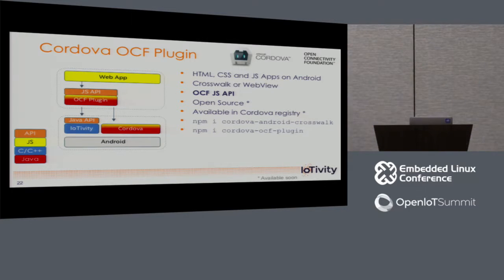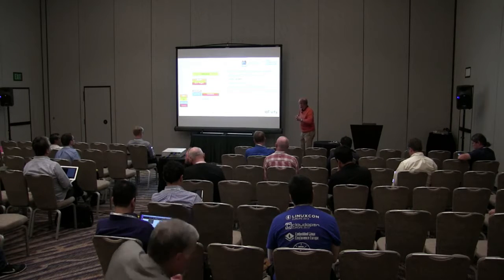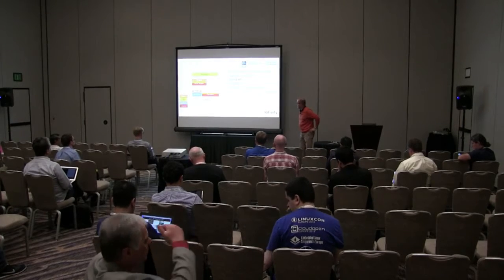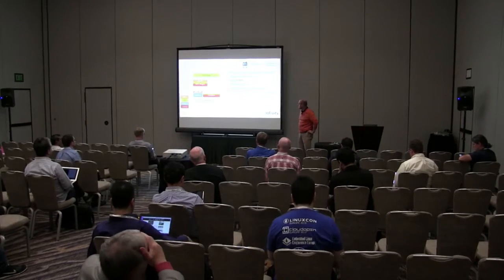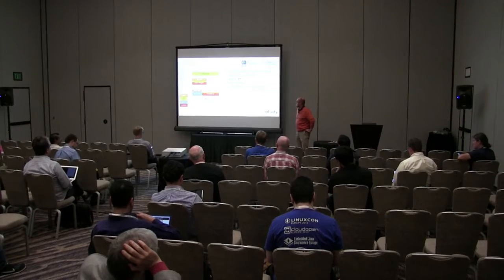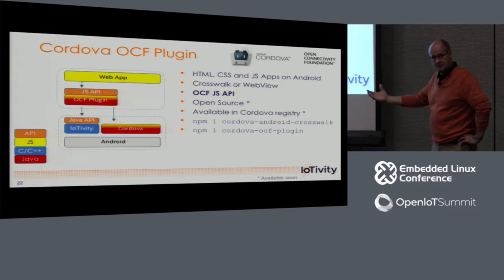This time around, since this first implementation is for Android, we took the Java API and all the JNI bindings and created an OCF plugin. So now the web app on Android has the same API.